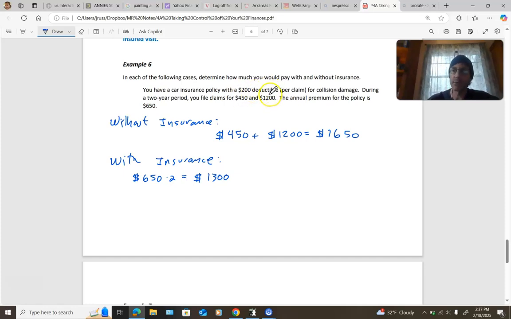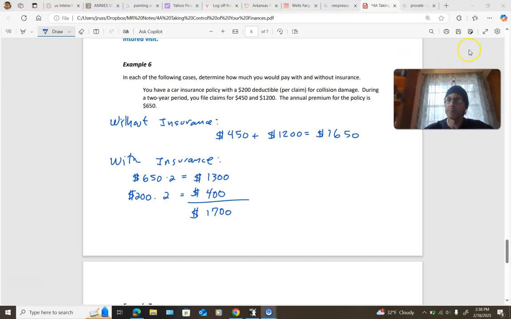And then for this claim right here, you pay the first $200, and then the insurance pays the other $1,000. Okay. So for each of these claims, you're paying $200. So essentially, it's $200 times 2 because you made 2 claims, and that's a total of $400. And if you add these up, that's going to give you a total of $1,700.